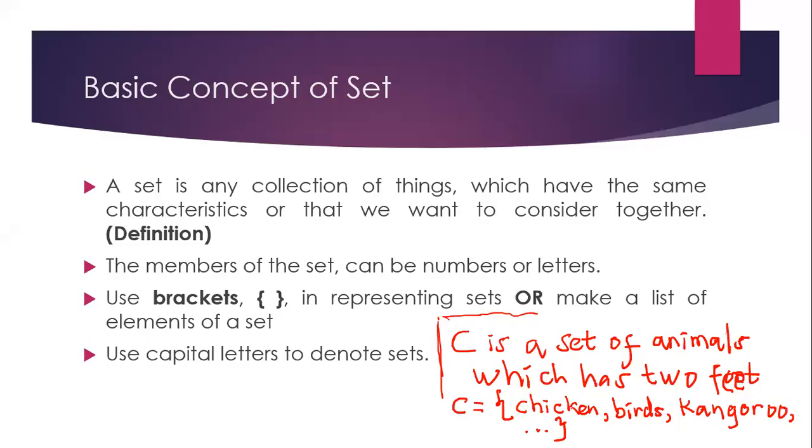Okay. Basic concept of set. Set, as you can see there, the definition of set. A set is any collection of things which have the same characteristics or that we want to consider together.